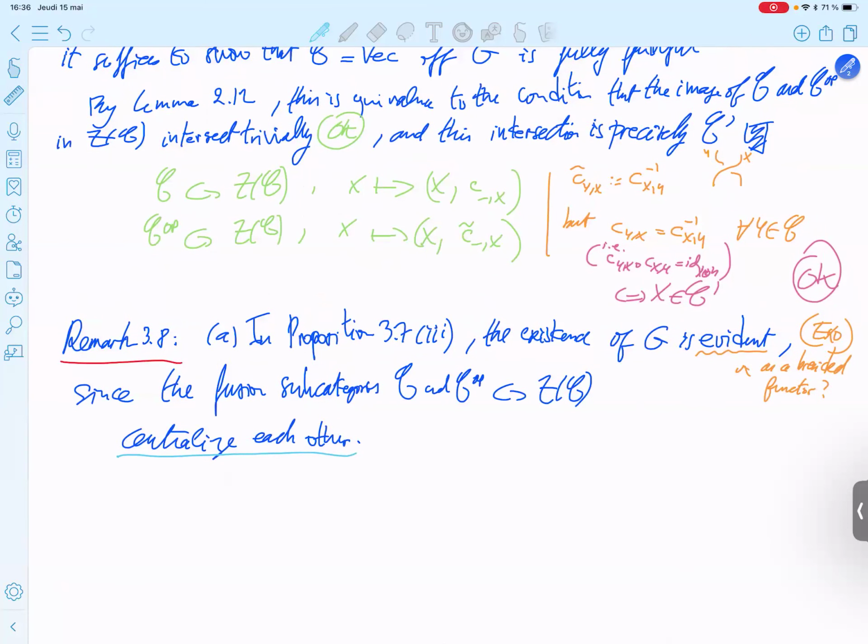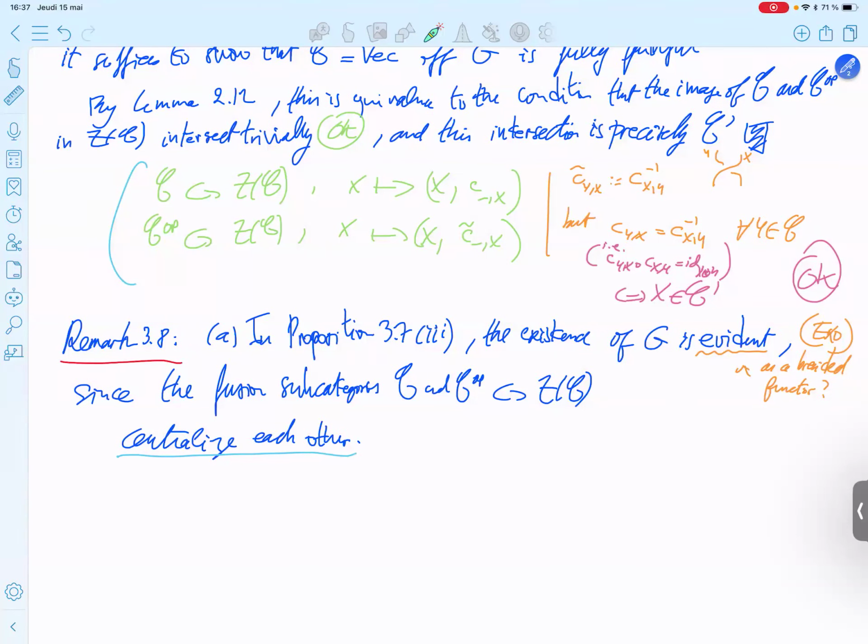Okay, so we have that. It's not completely covered by what is written here. It is very similar, but you need to consider the braiding in the Drinfeld center.